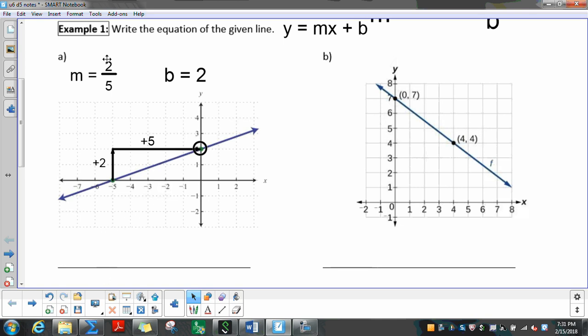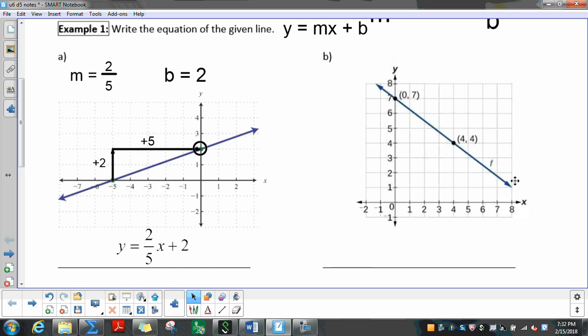I have y equals the m, 2/5, times x, plus the b, which is 2. I just go ahead and write that. That's my equation. That's what I can use to find more points if I want to. Or I can pick an x and plug it in to get a y. I can make a table from it. I could do lots of things with it.